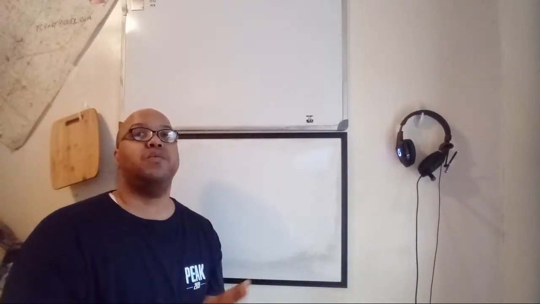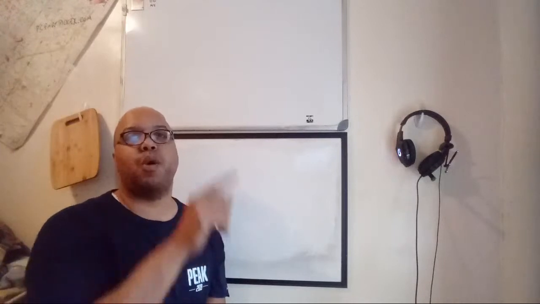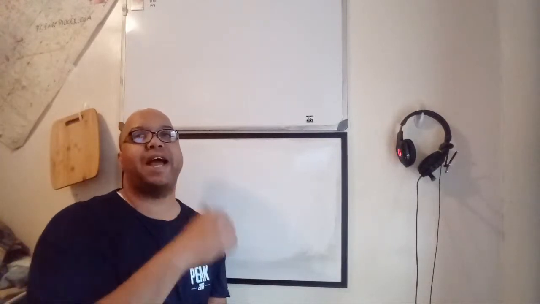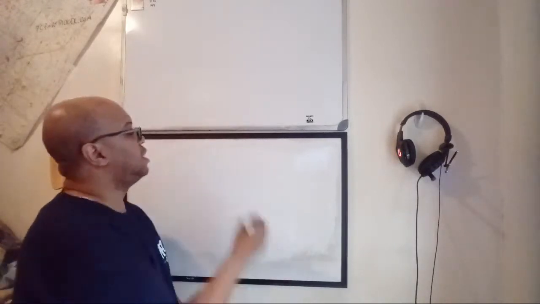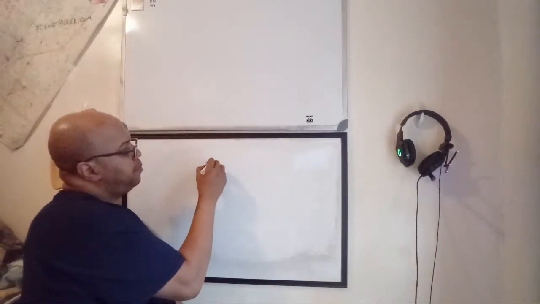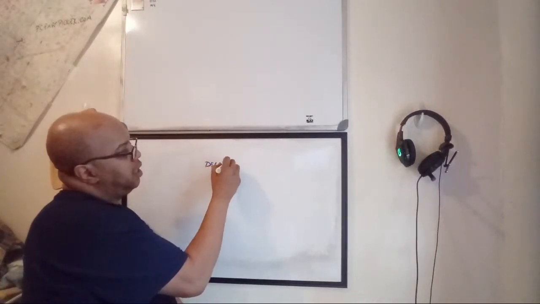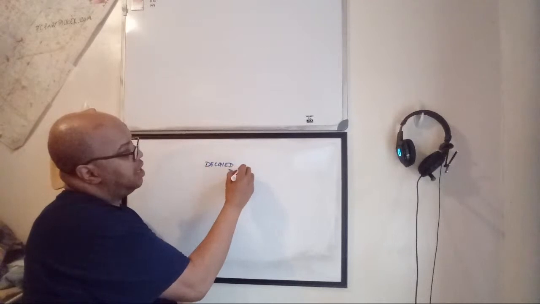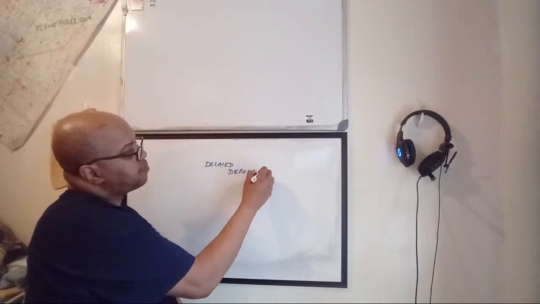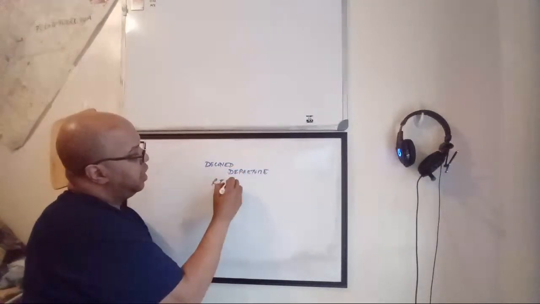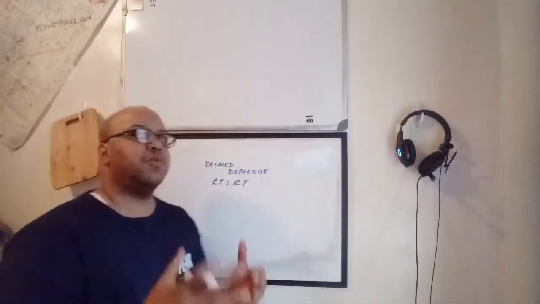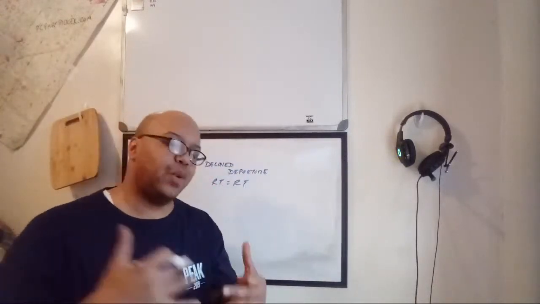All right, so the formula is still going to be RT equals RT, but we won't put our little arrows there. So this is the delayed departure. RT equals RT. So this is the mindset that I'm trying to get you into.